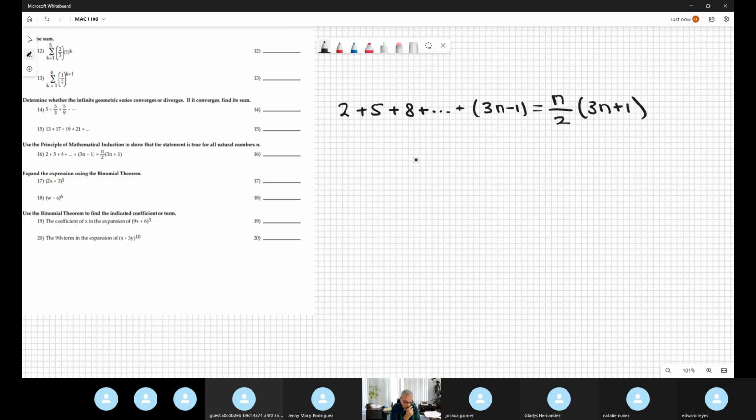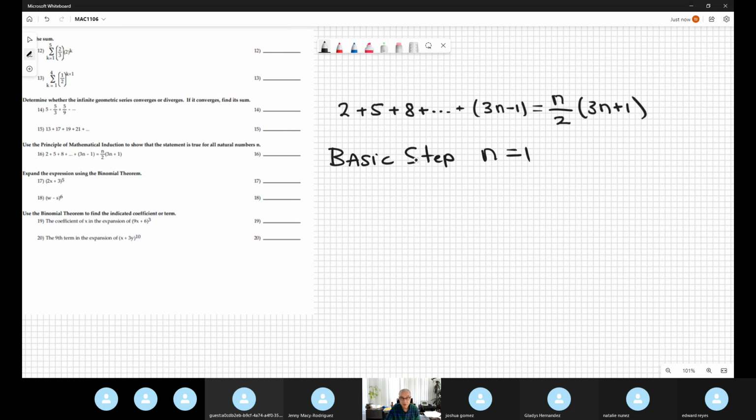Okay, so what is the idea of mathematical induction? Mathematical induction has 2 steps. A fantastic way to prove something in mathematics. Now you are doing the basic step, in general for n equal 1.